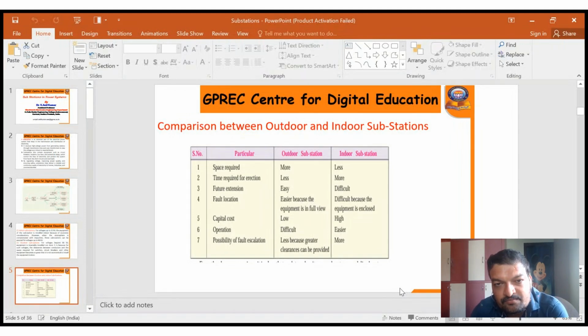Capital cost is low for outdoor substation, whereas for indoor substation it is high. Operation is difficult at outdoor substation, whereas it is easier in indoor substation. Possibility of fault escalation is less in outdoor substation as compared to indoor substation.